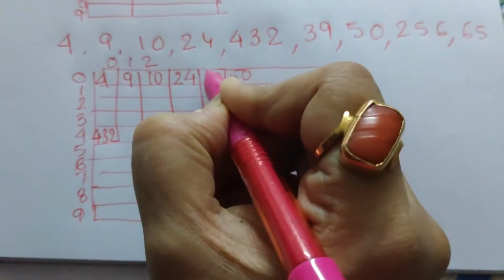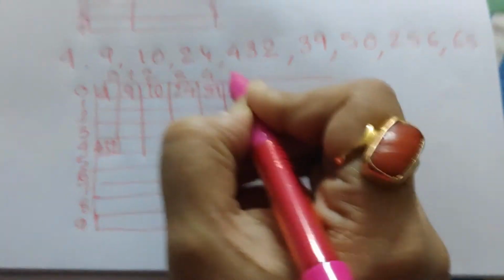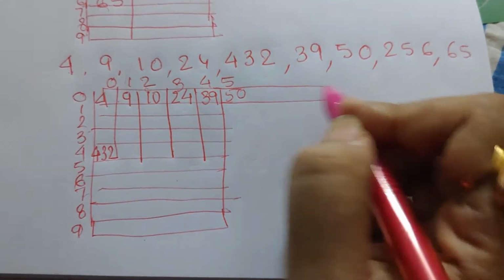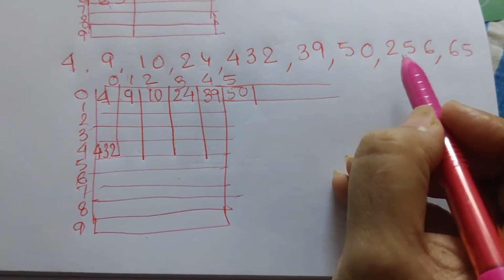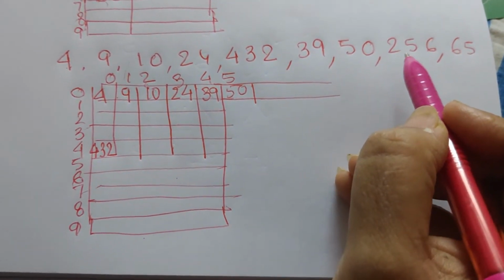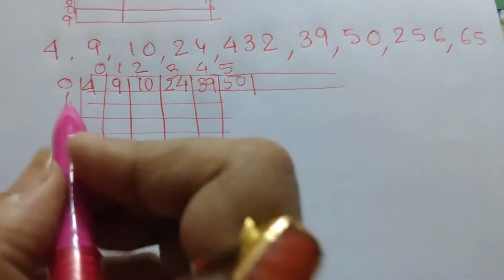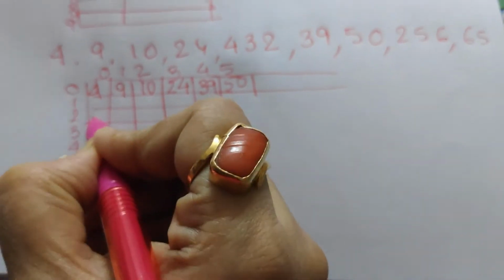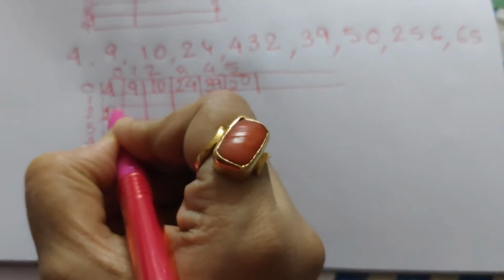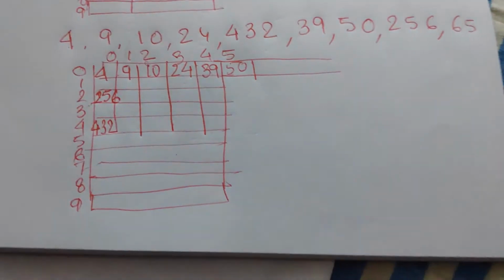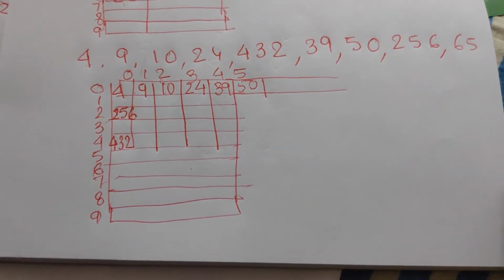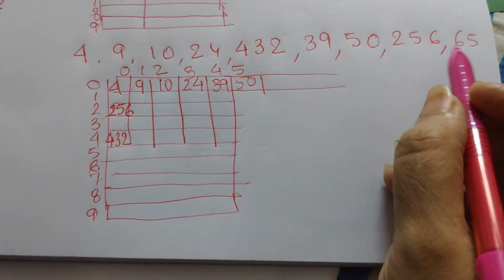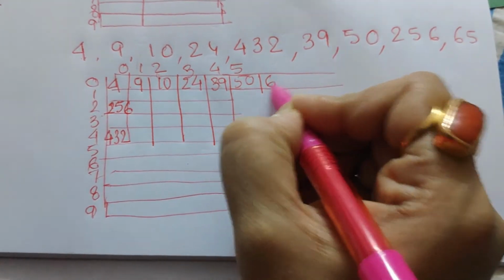And obviously the number of columns in the 0th row will keep on increasing. 256, again a 3-digit number, so it will be inserted in the row that has the number 2. 256 will become the 0th number of the 2nd row. 65, again in the 0th row.